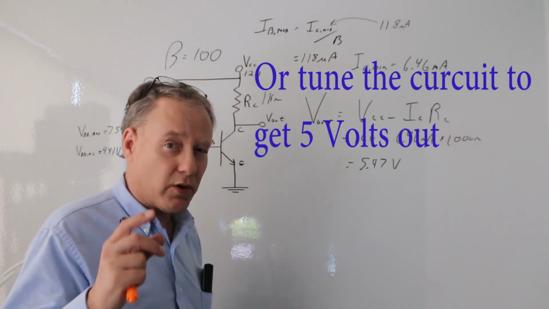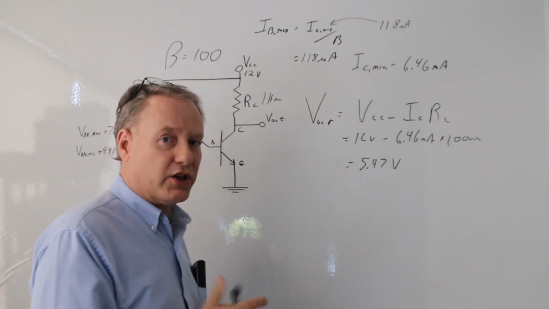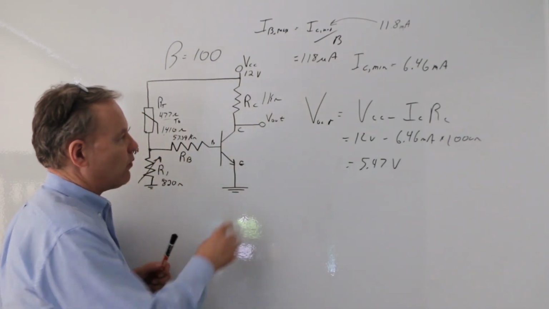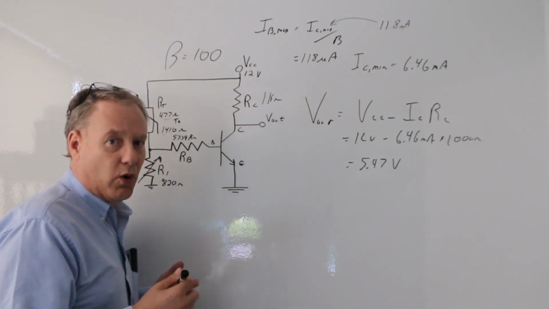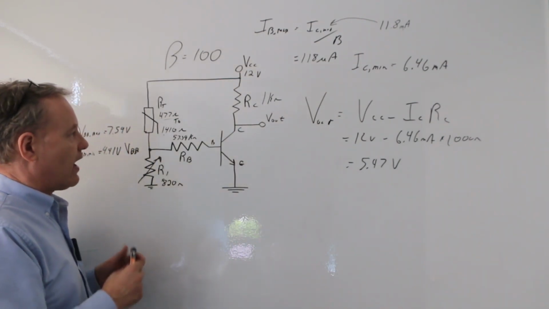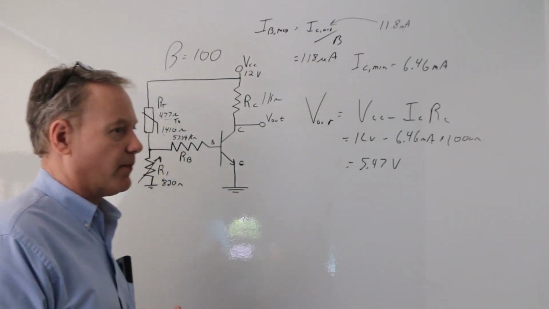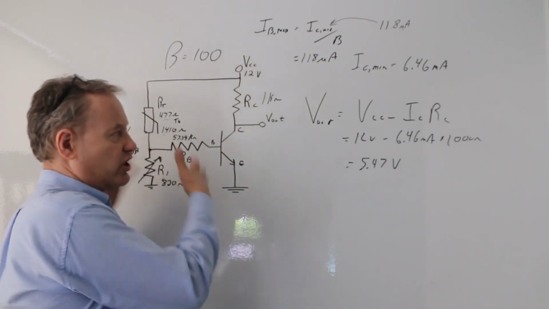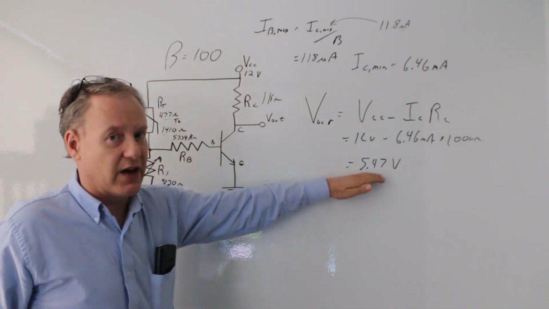Now, I'll add one more thing before we jump on to amplification of current, and that is this. If I wanted an offset, so if I wanted, say, my voltage coming out of here to go from 3 volts to 7 volts or some other value, I'd have to change things around to actually get that up to 7 volts.